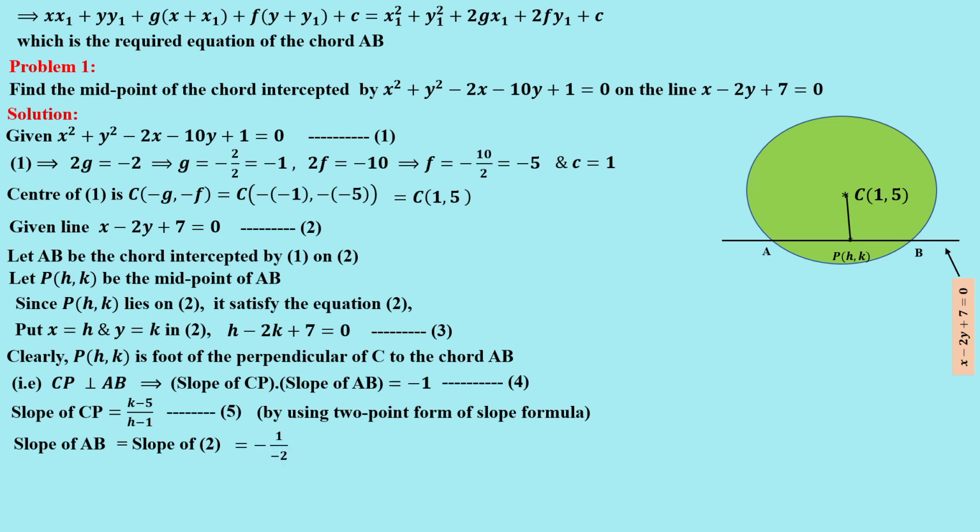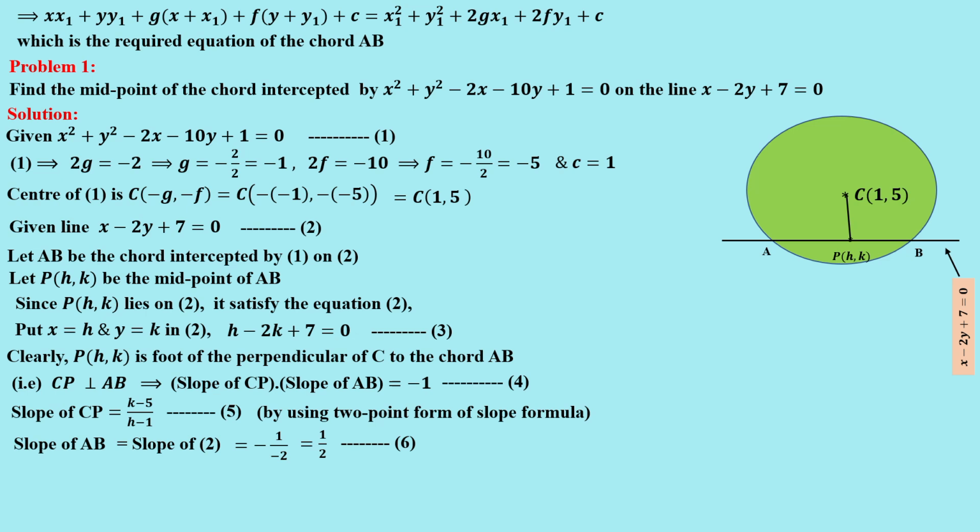We know that if ax plus by plus c equal to 0 is the given line, then the slope is minus a by b. Here the coefficient of x is 1 and the coefficient of y is minus 2. So the slope is minus 1 by minus 2, that is equal to 1 by 2. So slope of AB is equal to 1 by 2. That is equation number 6.